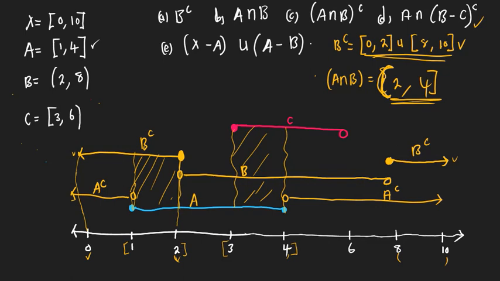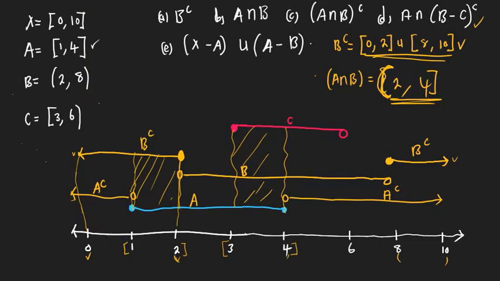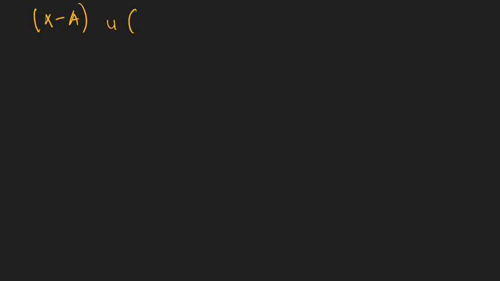Then we do the set operation 3. Set operation 3, they are saying we find x minus a, and then they're saying union a minus b.